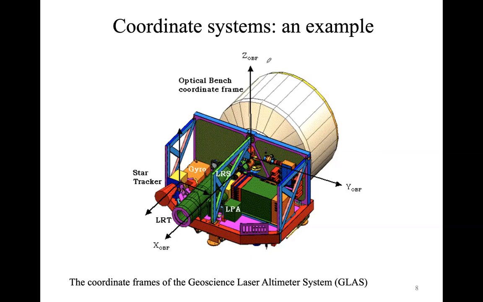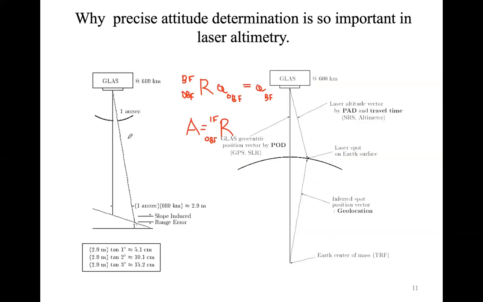The laser altimeter basically has this telescope that has to point to the surface, and the main problem is that you're not only estimating the vertical direction, but you're also affected by the slopes of the topography. So usually when you measure a topography, you don't have a flat terrain. For example, this one, but you have a certain inclination of the terrain.